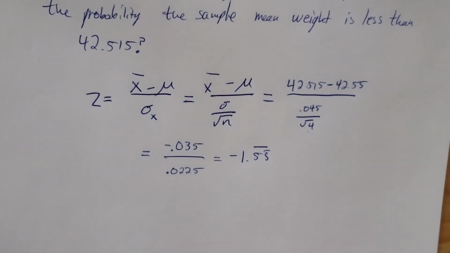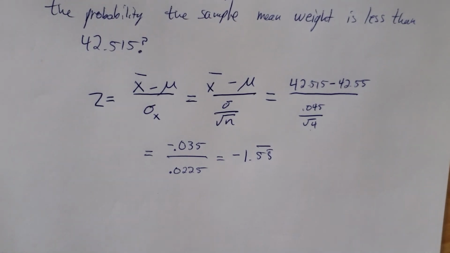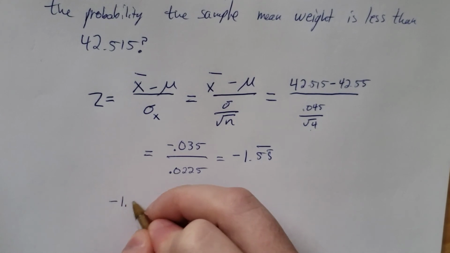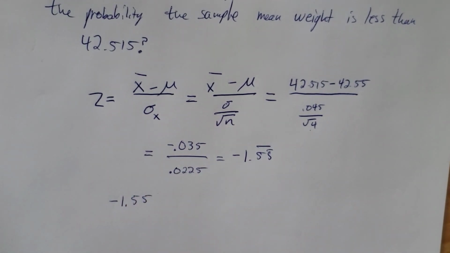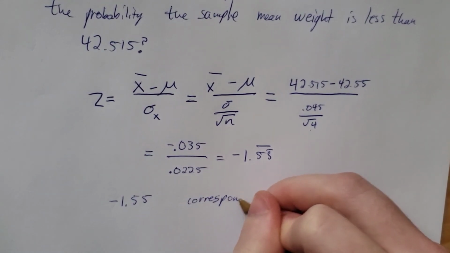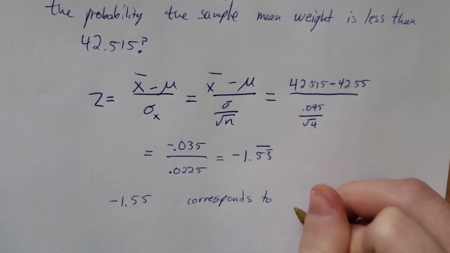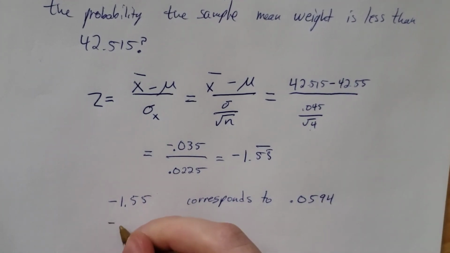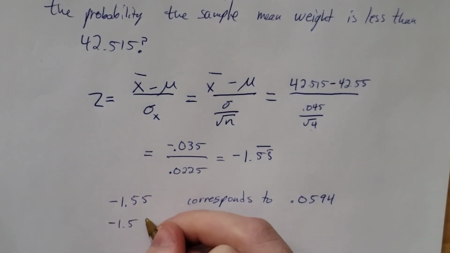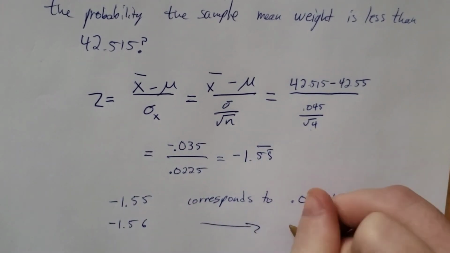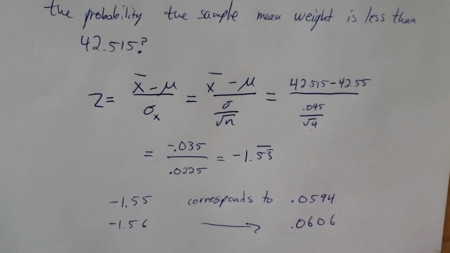And if you go back to the table and look at the value related to the z-score of negative 1.55, this corresponds to 0.0594. If you rounded to a z-score of negative 1.56, this corresponds to 0.0606.